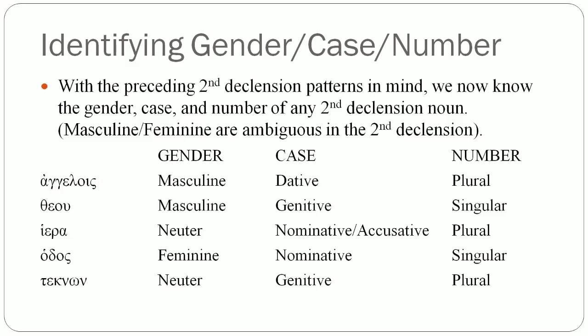Third word, hiera. Hiera is a neuter form. Because it is neuter, the nominative and accusative forms are going to be the same. So I've put both of them on there. And the alpha ending there means it's neuter plural. Fourth word is pronounced hadas.